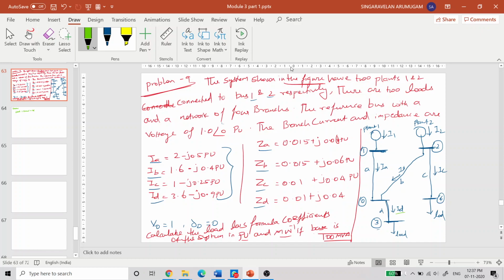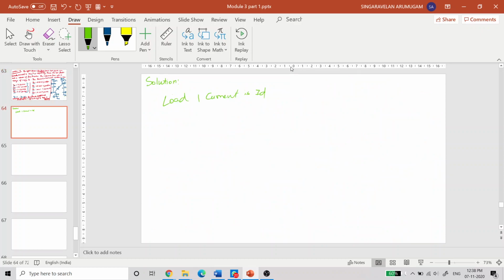From this ID only this load is feeding, and also from this IC only this load is feeding, right? So the load 1 current is ID, and the load 2 current is IC. Therefore the total load current I is nothing but ID plus IC. If you find this, we will find the total current. And also at D, what is the value?